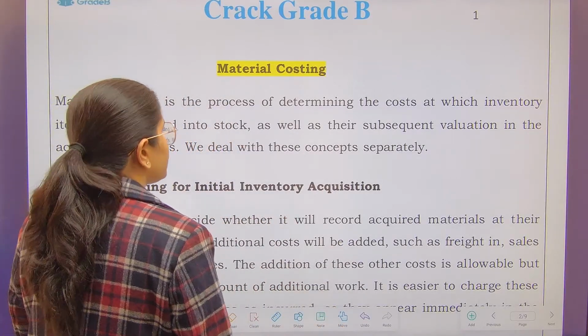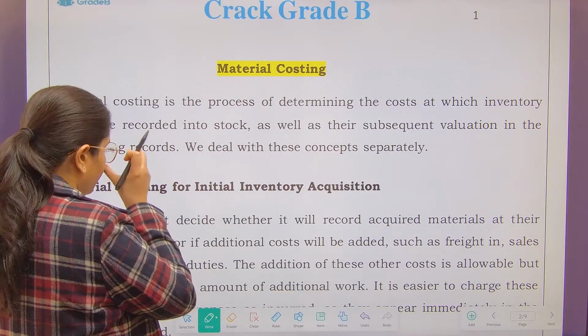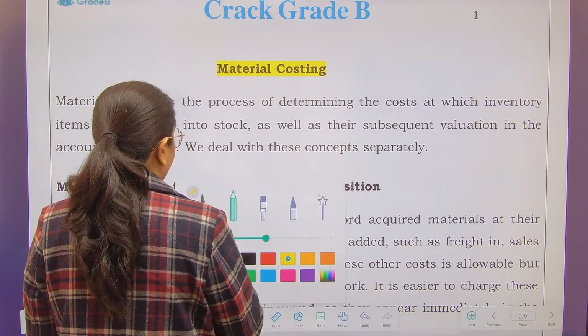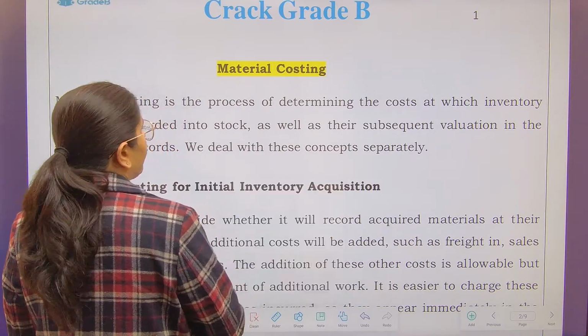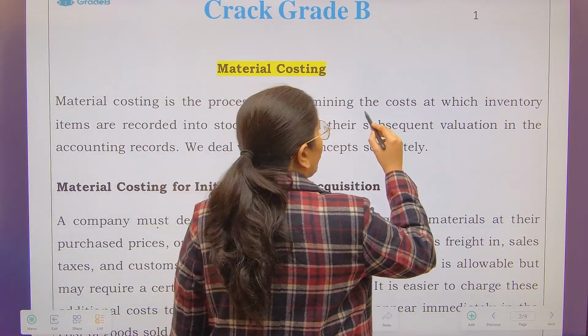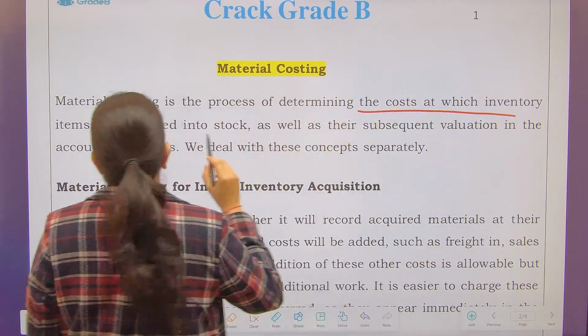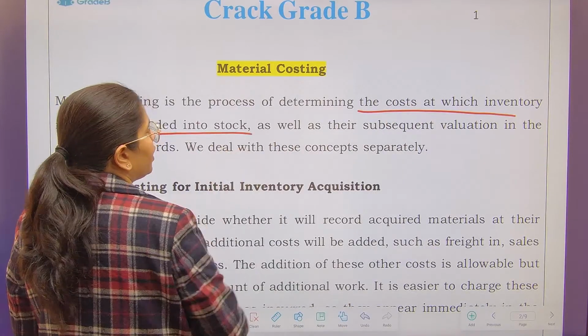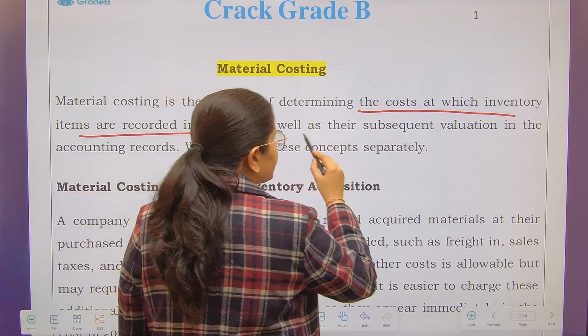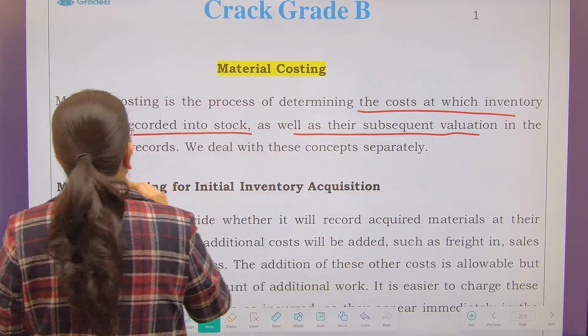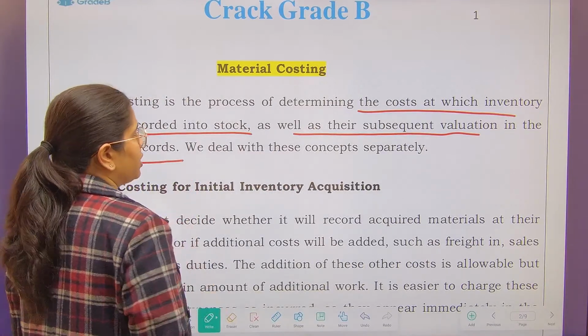See, material costing is the process of determining the cost at which inventory items are recorded into stock as well as their subsequent valuation in the accounting records.